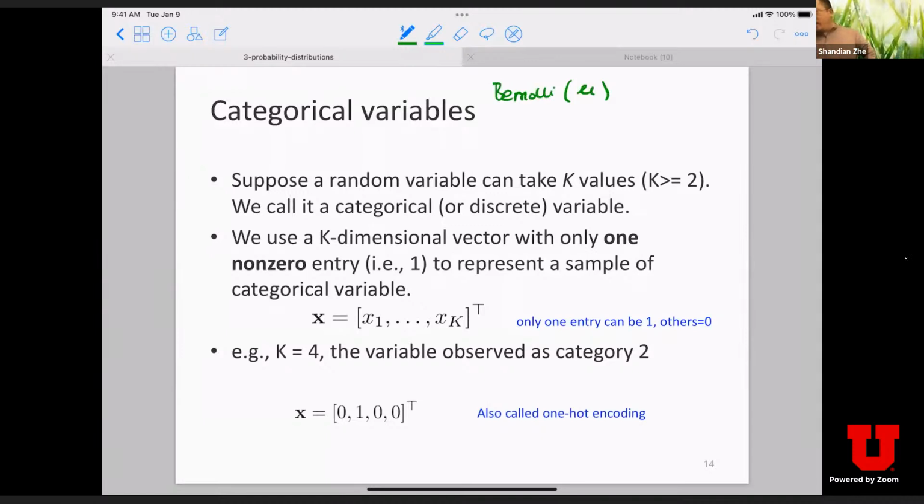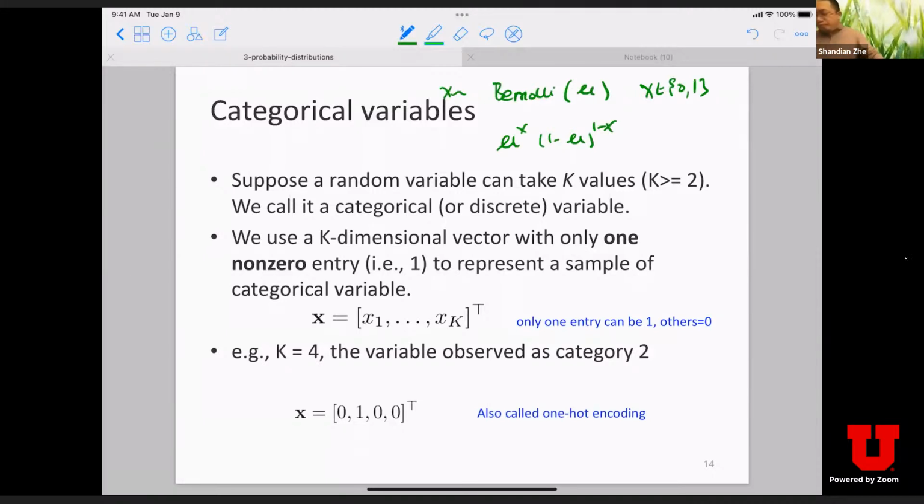Suppose x is either 0 or 1 and follows a Bernoulli distribution. Then its probability can be written as mu to the power of x times 1 minus mu to the power of 1 minus x. If x is 1, then the probability is mu. If x is 0, then the probability is 1 minus mu. It's very natural and intuitive.